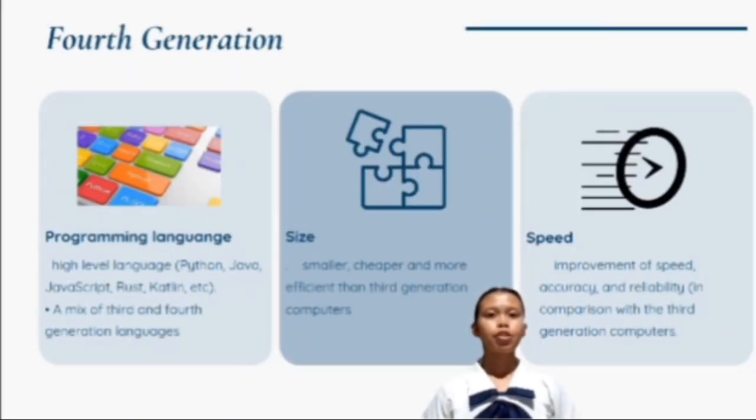Programming language: high-level languages such as Python, Java, JavaScript, Rust, Kotlin, etc., a mix of both third and fourth generation languages. Size: smaller, cheaper, and more efficient than third generation computers. Speed: improvement of speed, accuracy, and reliability in comparison with third generation computers.